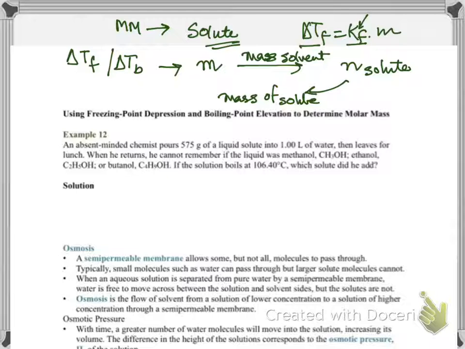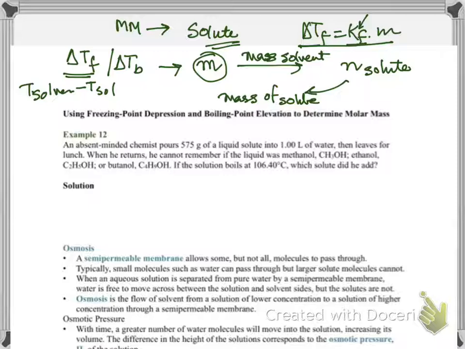So one more time, these freezing point depression and boiling point elevation formulas we can use to determine the molar mass of your unknown solute. Let's take the example of freezing point first. First you have to find delta Tf, which you find by T solvent minus T solution. Once you have delta Tf, you find the molality by the formula delta Tf equals Kf times m.